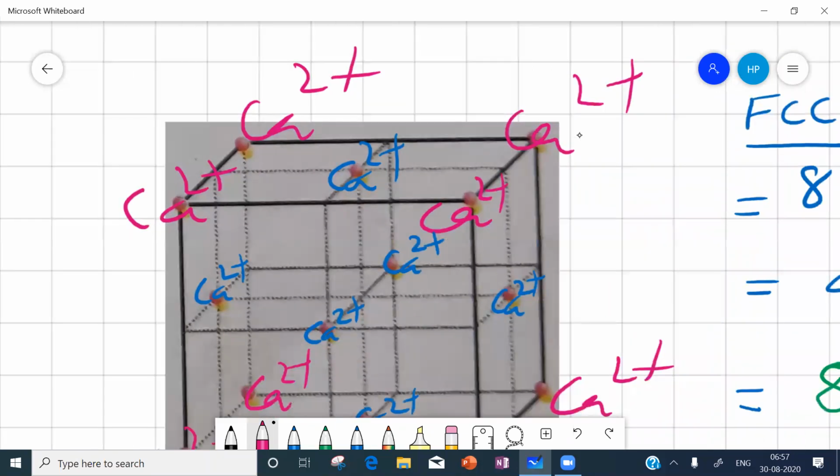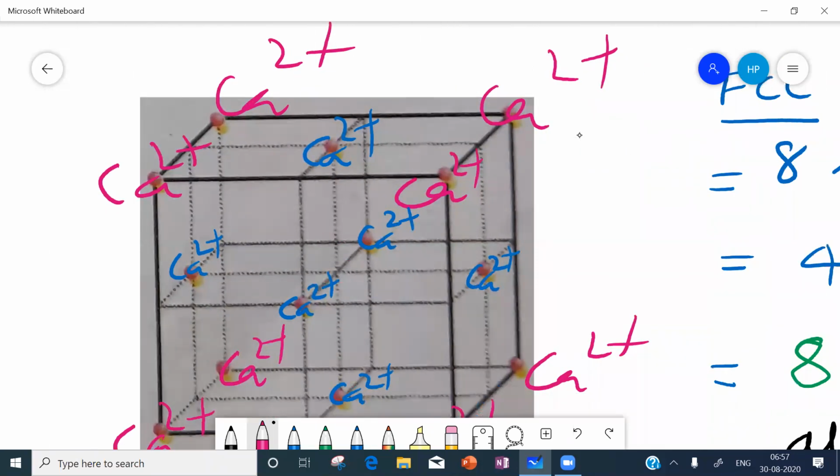Now we will see the coordination number of calcium. Now you see this calcium. This calcium is in contact with how many tetrahedral voids? Front top left small cube, one tetrahedral void.